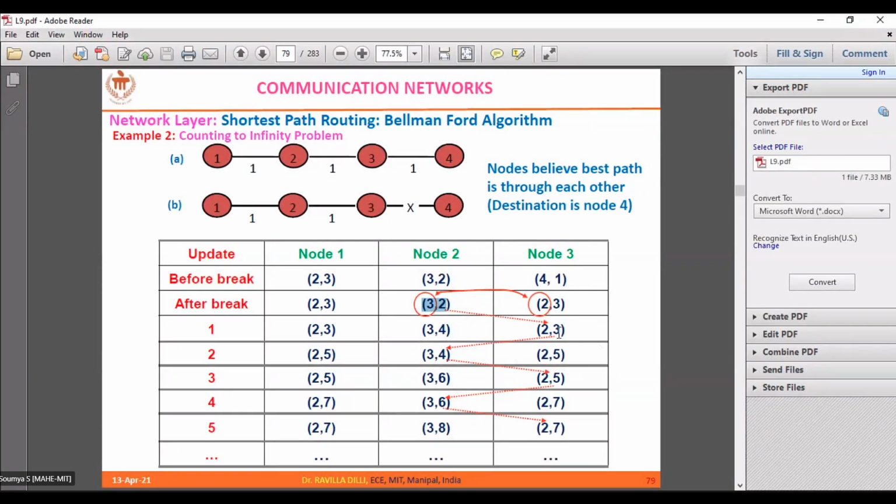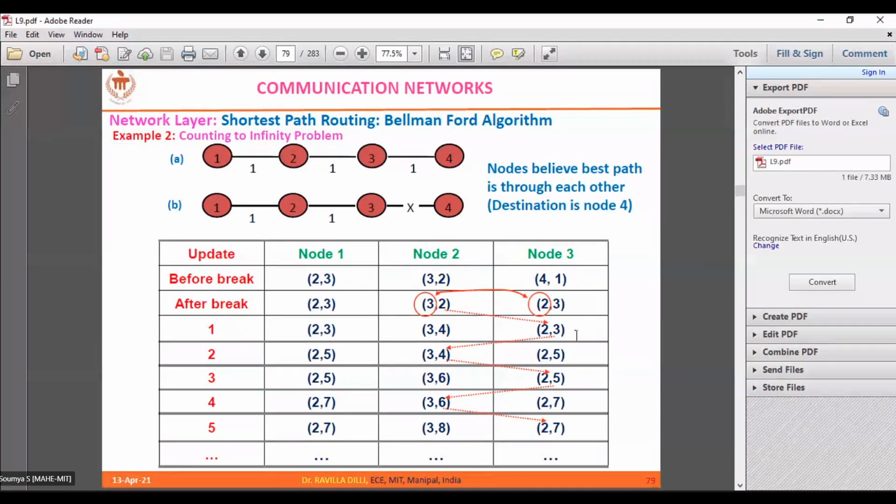And similarly the distance is 3, whatever it is, it keeps on getting updated. The distance from node 2 to node 4 in node 2's table was 2, and from 2 to 3 the distance is 1.